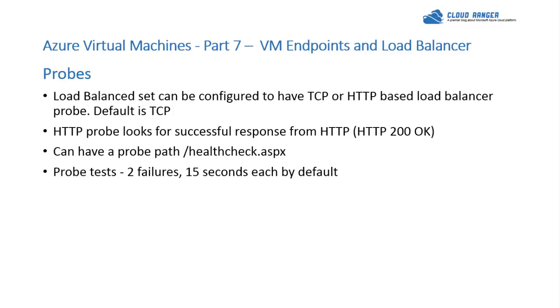If you create an HTTP probe, it will go to your web server or your virtual machine and try to hit healthcheck.aspx, for example, this path, and see if this page is up or running or not. So you will get an HTTP 200 OK code back if it's successful.